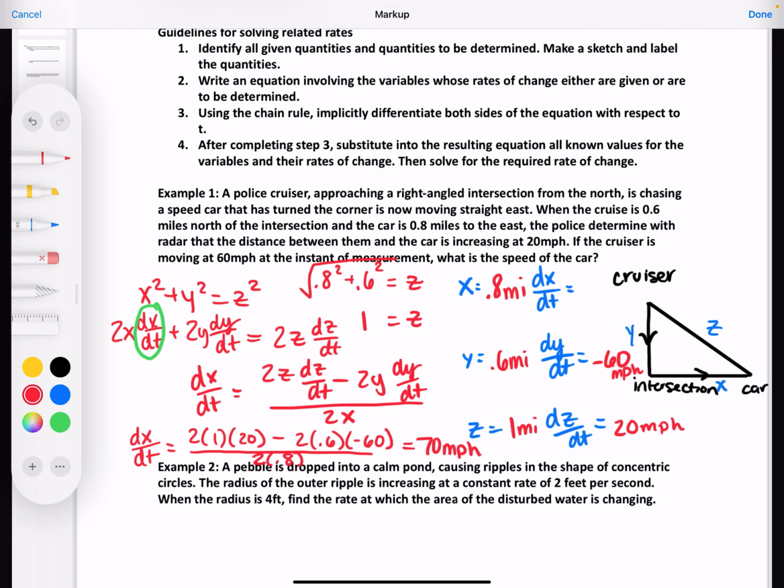Oh, okay. So we're plugging in all of this stuff over here. Those are two separate things. Yeah. Like when we have that as 0.8 miles times dx over dt. Does that make sense, like how you wrote it over here? Like a coefficient, yeah. No, yeah, coefficient.